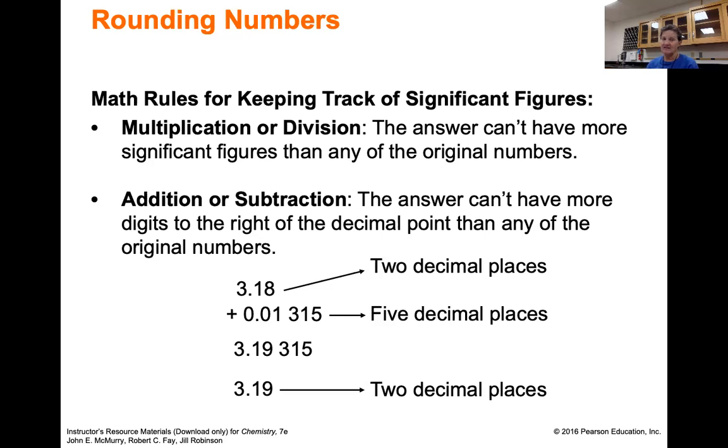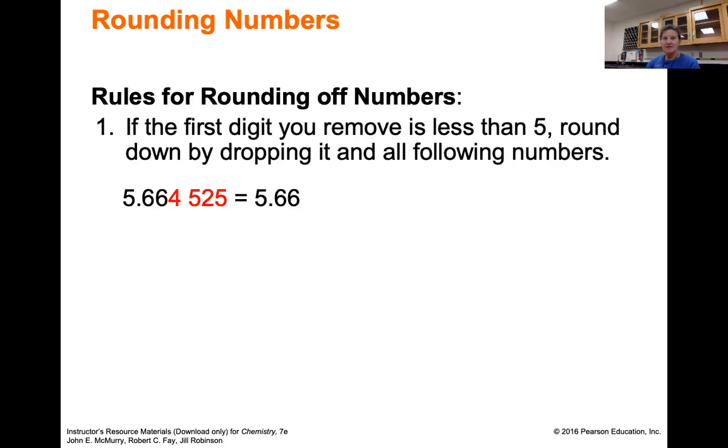So if I add it to the next number, I'm adding a question mark to the digits further past than 2. And so you don't know those. So when you add the 2 numbers, you get 3.19315, but I don't know the 315 because there are question marks in my first number in those locations. So I'd have to round it to 2 decimal places, to 2 digits to the right of the decimal or 2 decimal places.